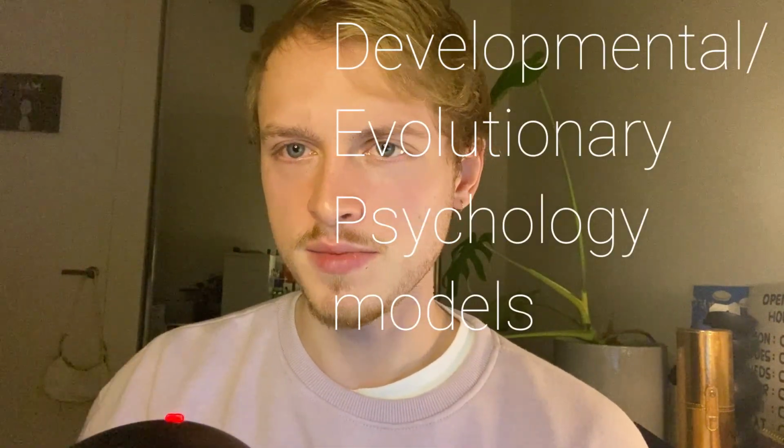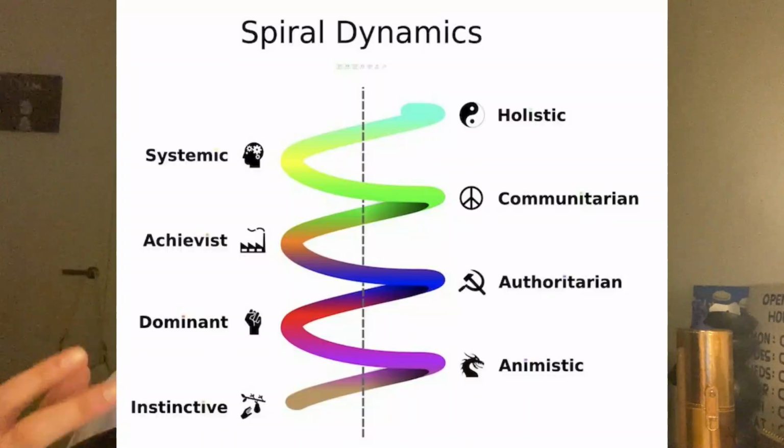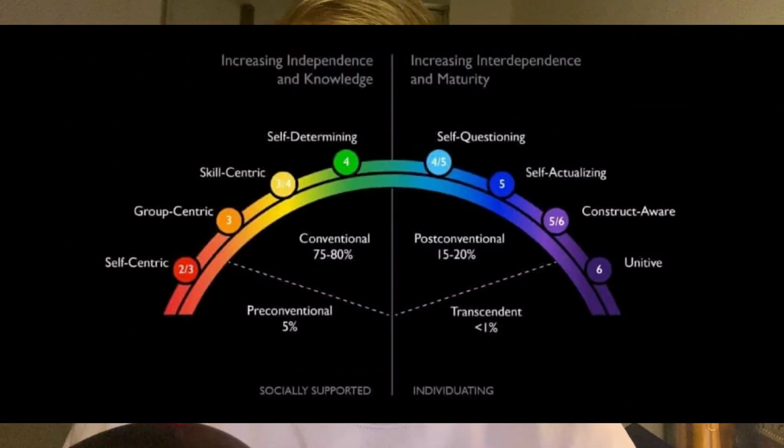The last thing that I have on the list, and these are really interesting models in general, is developmental psychology models. Models like spiral dynamics, developed by Clare Graves and Don Beck, Christopher Cohen. Models like the nine stages of ego development by Susan Cook-Greuter.